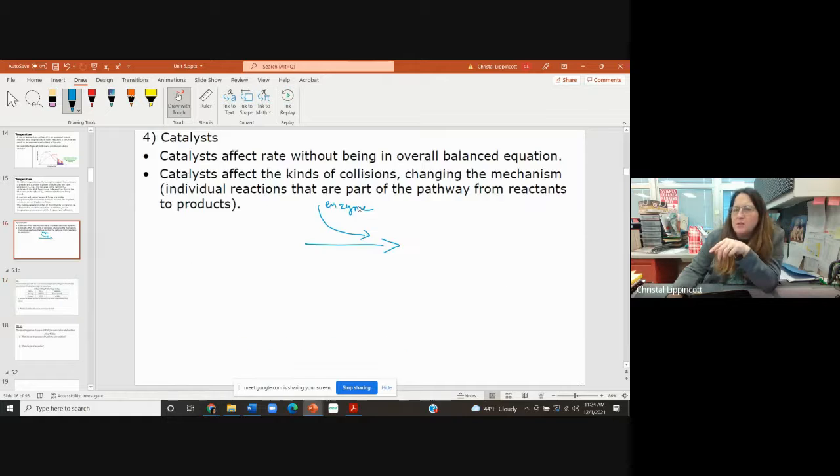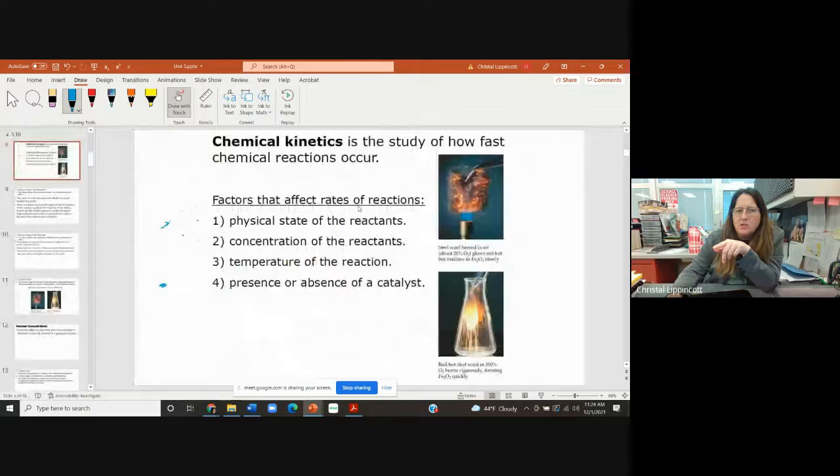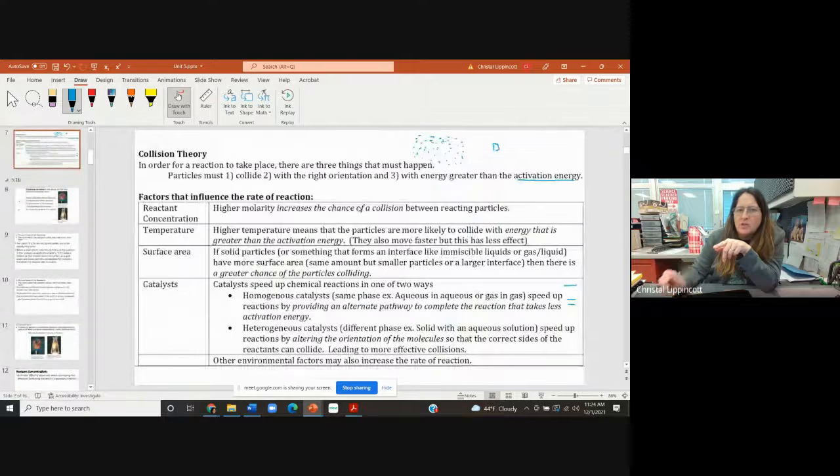Does this make sense? One of the things that I missed on the slide here was talking about orientation. Does it make sense what I mean by the right orientation?